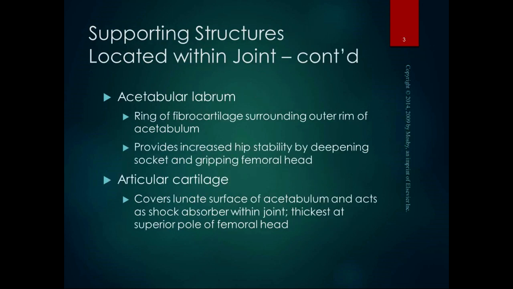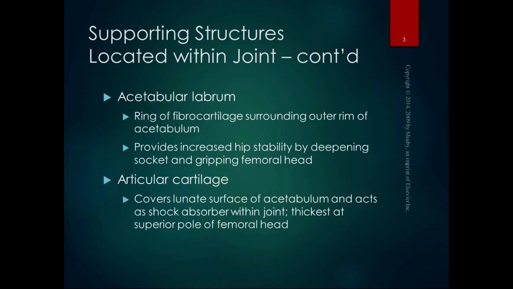So the acetabular labrum is a ring of fibrocartilage surrounding the outer rim of the acetabulum. We also have a labrum in the glenoid fossa, our other ball and socket joint in the body. And what the labrum does is it provides increased hip stability by deepening the socket and gripping the femoral head. So it's like a gasket for your hip, basically. It's our fibrocartilaginous gasket.